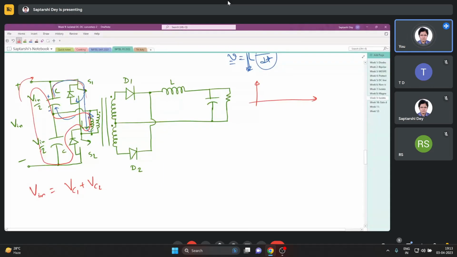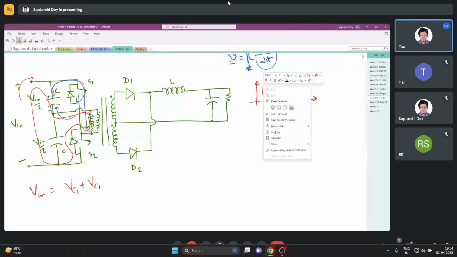So the capacitors take power from the source, and then they supply power to the primary. There is no direct current flow from the source to the primary, so the capacitor voltage will drop like this.